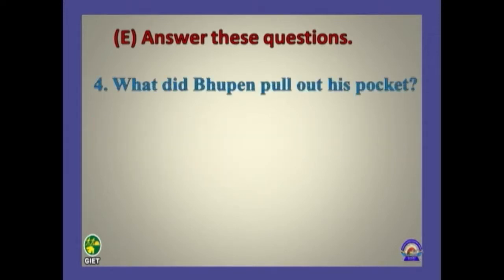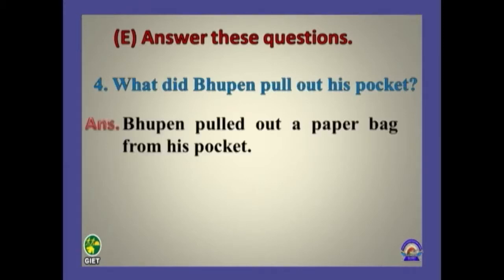Fourth, what did Bhupen pull out of his pocket? Bhupen pulled out a paper bag from his pocket. Yes, Bhupen pulled out a paper bag and made a noise, a big noise. Fatak.